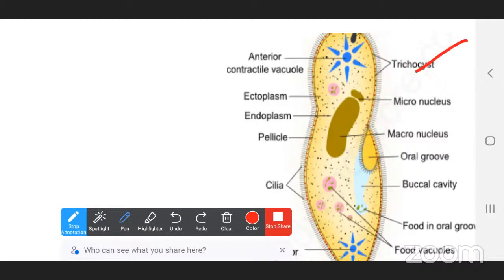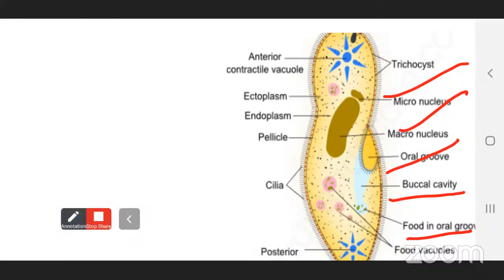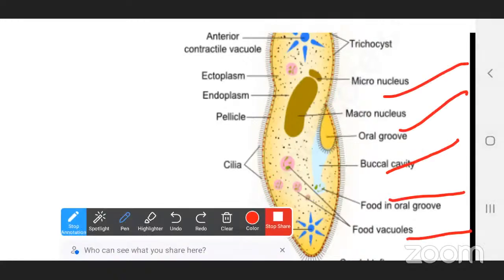This one is micronucleus. Micro means small size, and this one is macro, big size. So two types of nuclei are there, and this one is the oral groove. This one is buccal cavity and food in oral groove and food vacuoles.